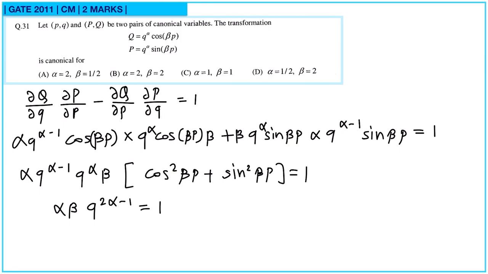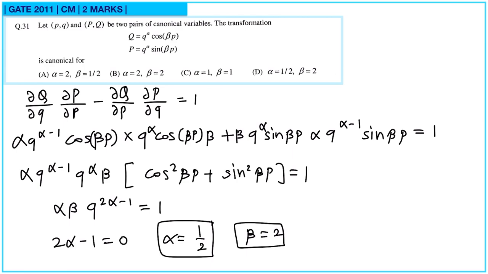That means this exponent should be equal to 0. So 2 alpha minus 1 is equal to 0. That gives alpha is equal to 1 by 2. And if alpha is equal to 1 by 2, then 1 by 2 into beta is 1. That means beta should be equal to 2. So option D is correct. Alpha is half, beta is 2.